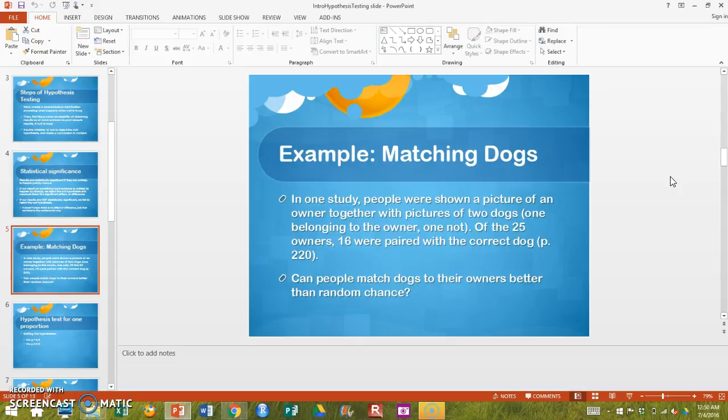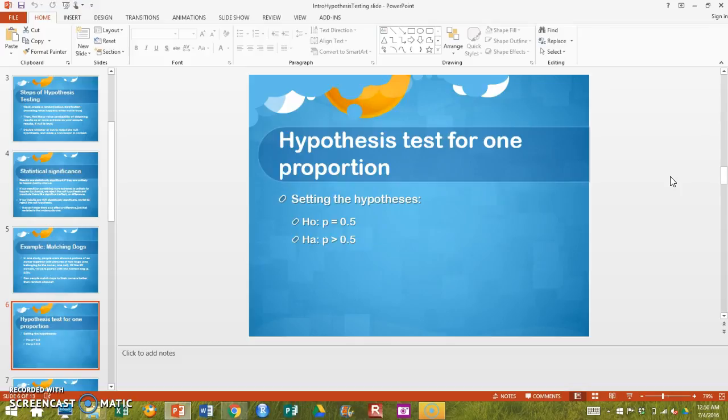Therefore, my alternative hypothesis is that the proportion or the probability of matching dogs to owners is greater than 50%. And therefore, the null hypothesis is that just pure random chance is the only thing going on, and that there's no prediction possible beyond random chance. Therefore, the null hypothesis is that the probability or the proportion is 50%, 0.5. And that's how we set this up in this case for a 1 proportion case.